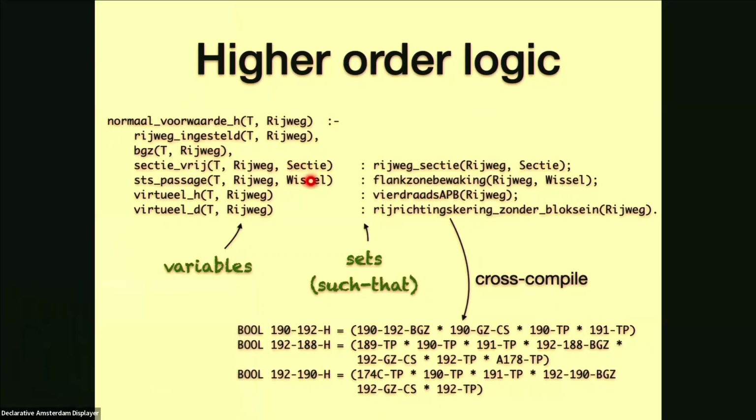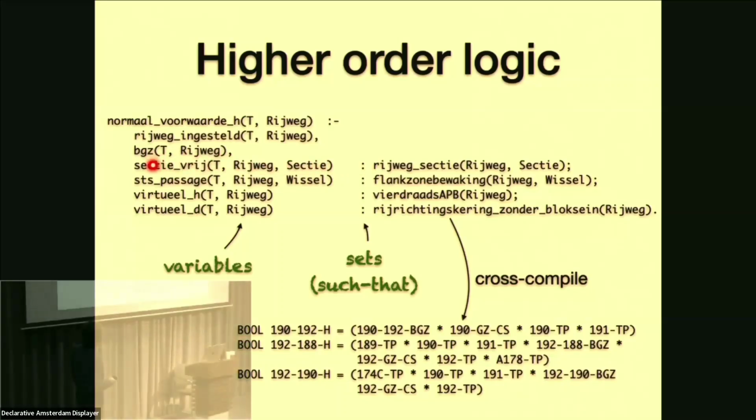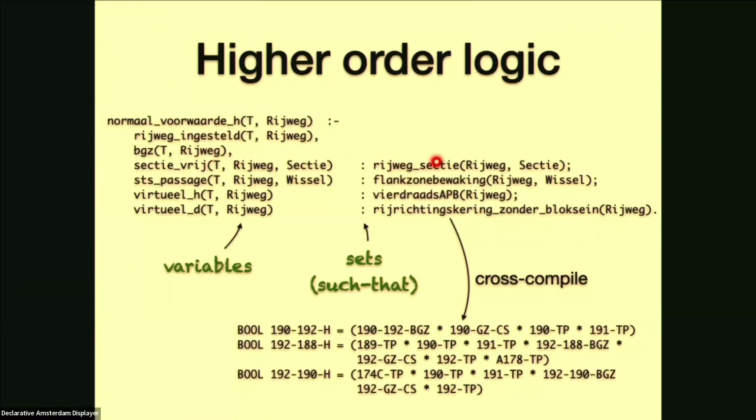And down here, these last 4 are a bit special, and I am only explaining the first one because the other ones are analogous. Here we have sets, and basically each line is a set, and you can read the colon as the mathematical such that notation. So basically it's a set which contains all these section-free predicates, such that this predicate holds.